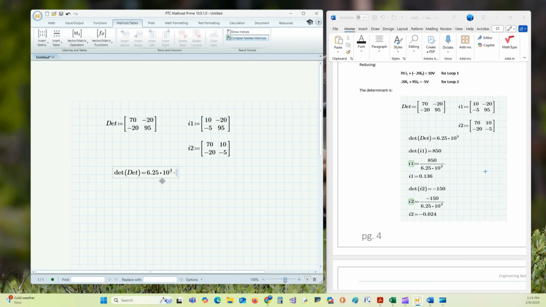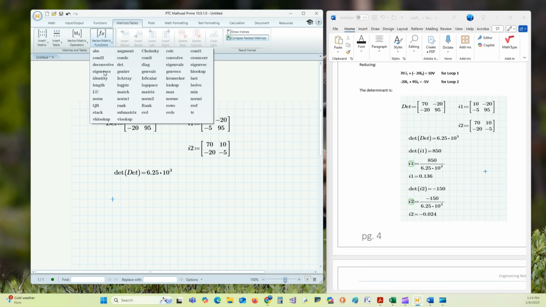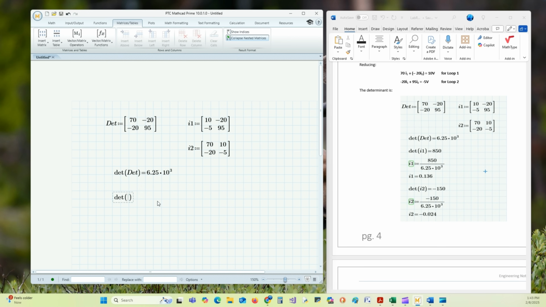So it's 6,250 ohms. That's what that equals. So now we're going to solve for I1 first. So we take the determinant. Once again, go up here, get the determinant. I1 equals, hit the equal sign, 850 ohms.